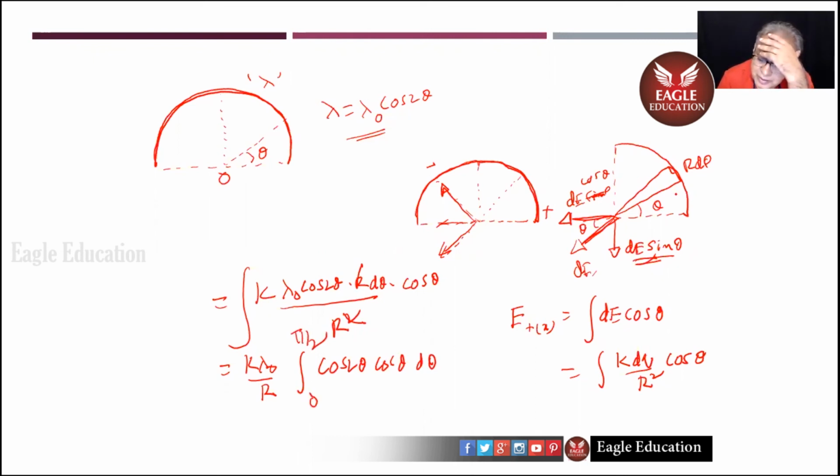If I am taking only this one, if I take full also, I can still do. But 0 to pi, you will get double the answer. That's left to you. You can check it if you want. So what to do with this?